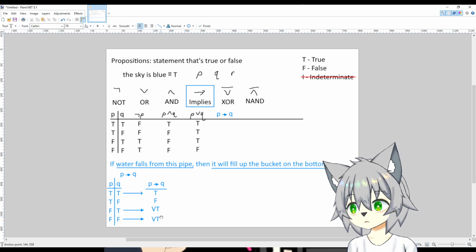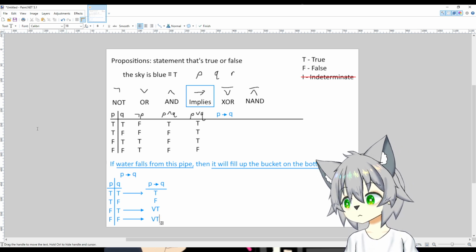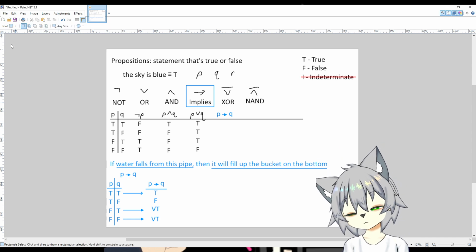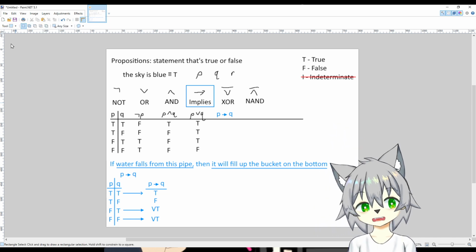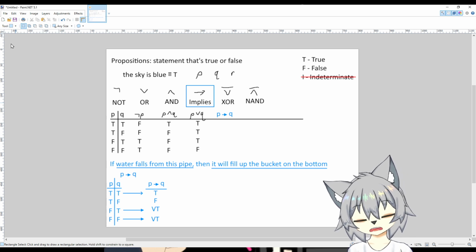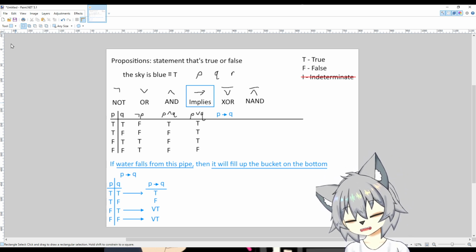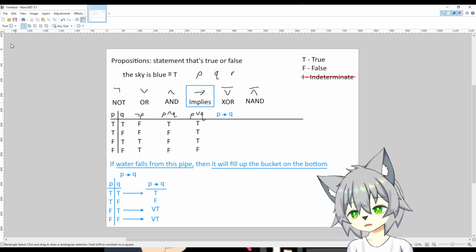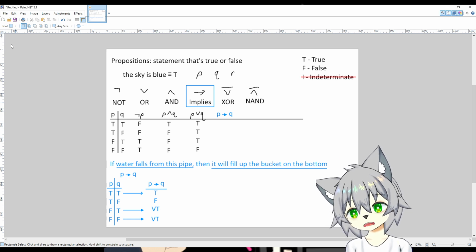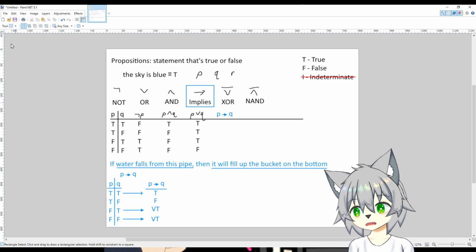In Boolean, it's the same thing as truth, but we need to watch out for this because it's not actually true. It's vacuously true. Technically it's correct because there's no way to actually prove it false.